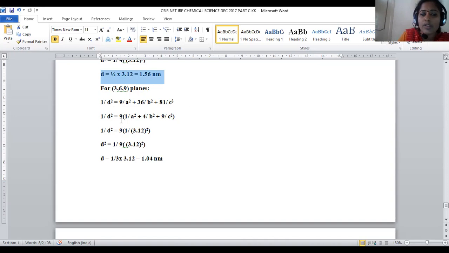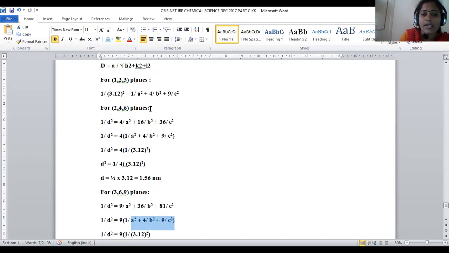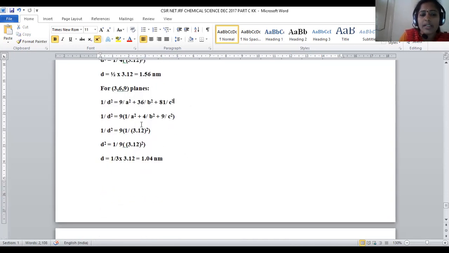Then 1 by d square is equal to 9 into 1 by a square plus 4 by b square plus 9 by c square. Again, it is the value of 1 by 3.12 square, so we can directly substitute that value here. 1 by d square is equal to 9 into 1 by 3.12 whole square.